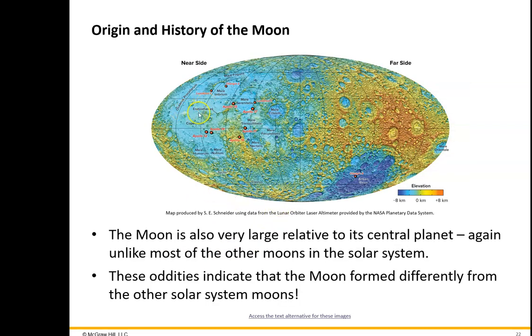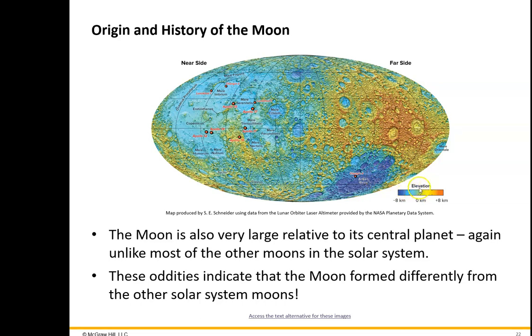All right. So this is going to get into a little bit of the history of the moon, showing you the elevation of the moon. You can see there are very few regions with 8 kilometers in elevation, but there are some regions which are very, very deep as well.